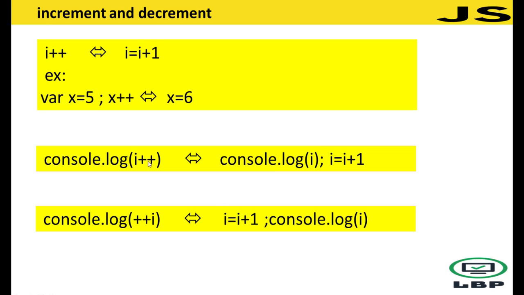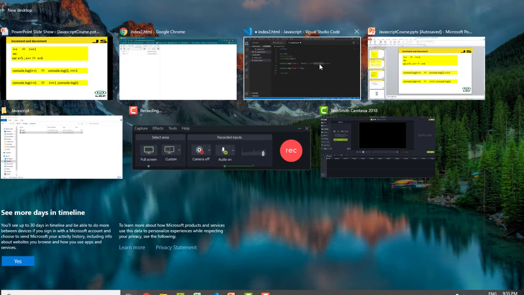So the difference between i++ and ++i: in i++ we display the variable and after we increase it by 1. In ++i we increase the variable by 1 and we display it after. And we will see the result very quickly, okay?